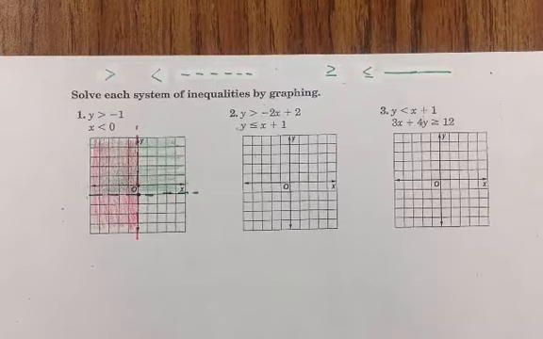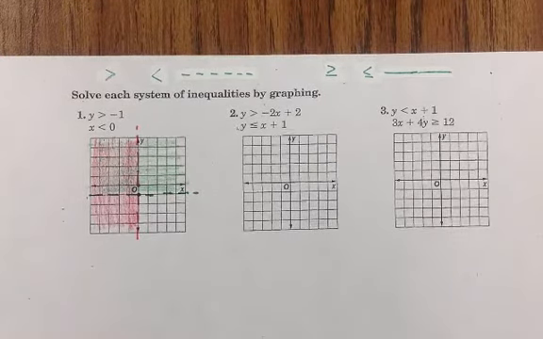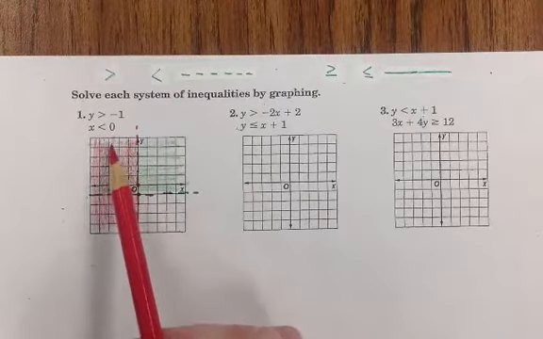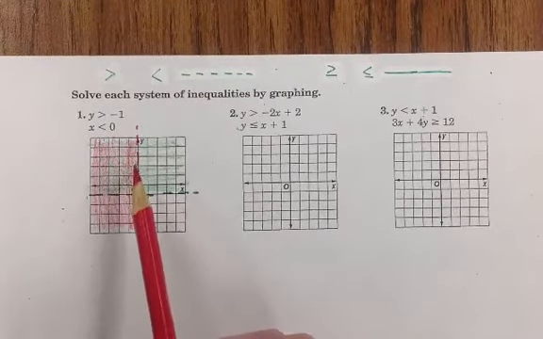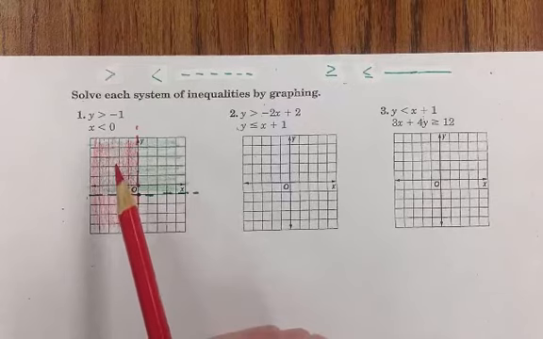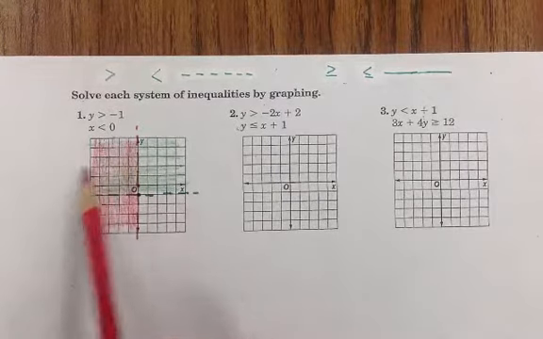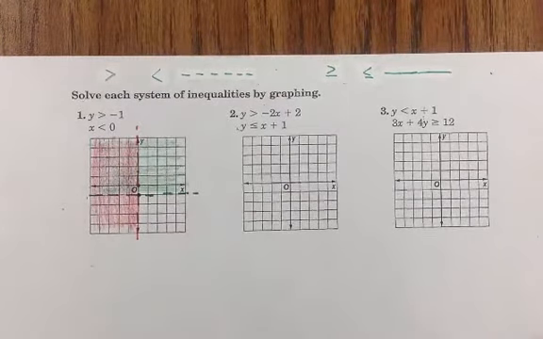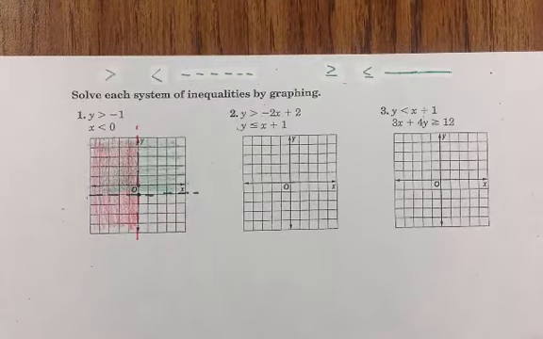And the place where those two shaded areas intersect or overlap, so where the green and the red are in the same area, is going to be where we have our solution to our problem. So anything here is going to give us the correct solution.